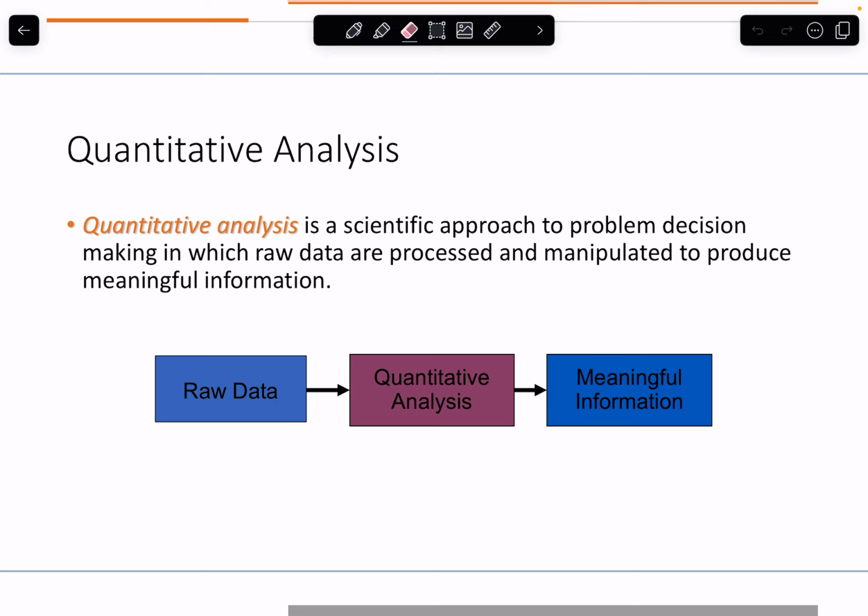Decisions should not just be based on gut feeling, but on actual data. Thus it will arrive at an informed decision that could be beneficial for everyone at stake.